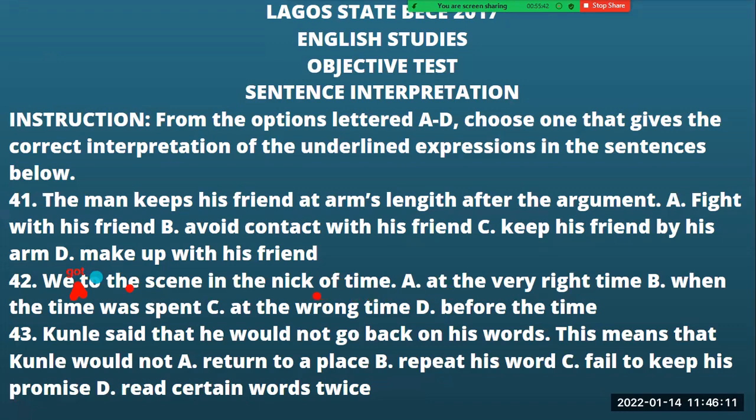Now, in the nick of time is the idiomatic expression here. All right, in the nick of time.